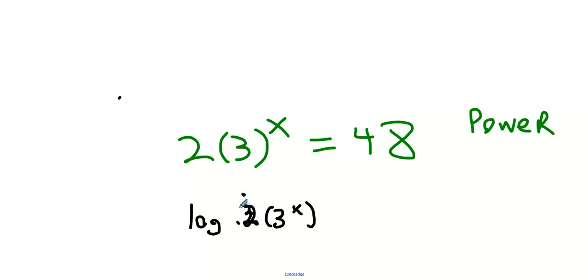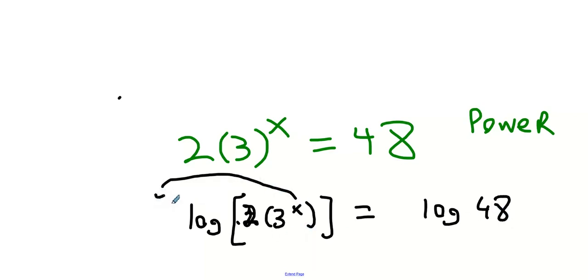So now, lads, here's the problem. I want you to tell me why this is a mistake. They bring the x to the front. Why is that a mistake in this case? It's 2 multiplied by 3 to the power of x, and I'm attempting to bring the x to the front.